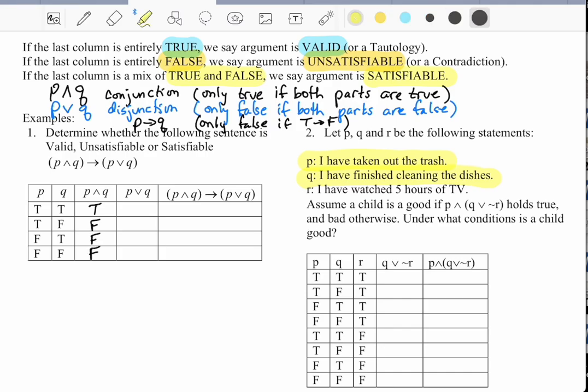Going back to the P's and Q's. Minding our P's and Q's, some might say. If I'm using the disjunction rule, it's only false if both parts are false, so I would say true, true, true, false.